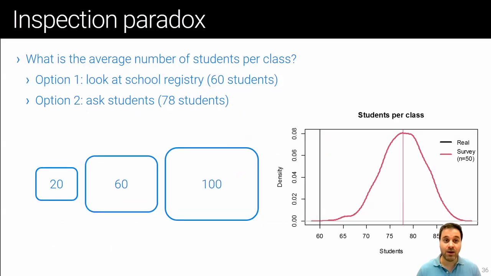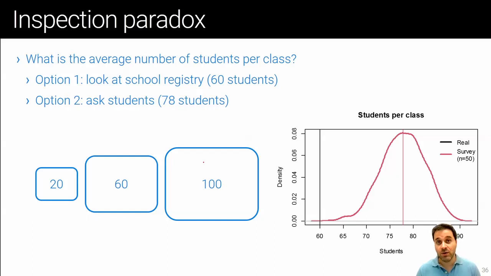Let's say that we are interested in the average number of students in a school, so average number of students per class. Option one, we go to the school registry and we actually look at the real numbers. Let's say that we have 3 classrooms and it's 20, 60, and 100. So the average is 60.